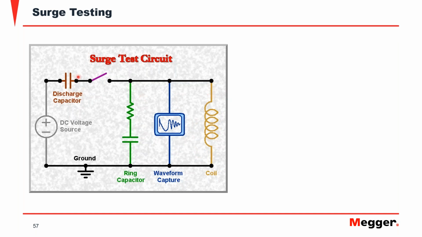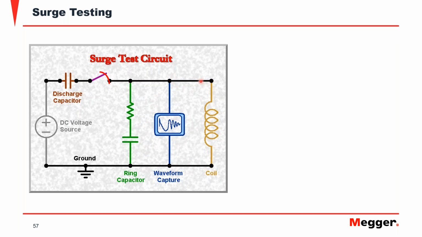This discharge capacitor is the capacitor whose charge you would be discharging into the coil, and then when that charge is discharged into the coil, a resonant circuit is formed here with the ring capacitor, and then we capture the waveform that results from that.